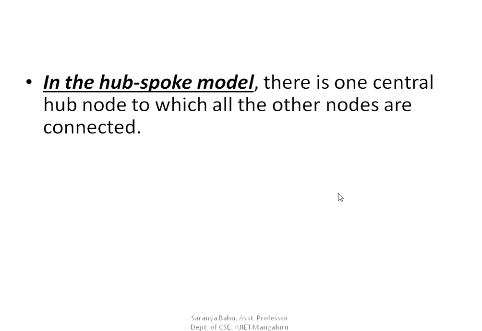See, there is one central hub node in the hub-spoke model, to which all the other nodes are connected. Is it clear? There is a central node, one central node to which all the other nodes are connected.